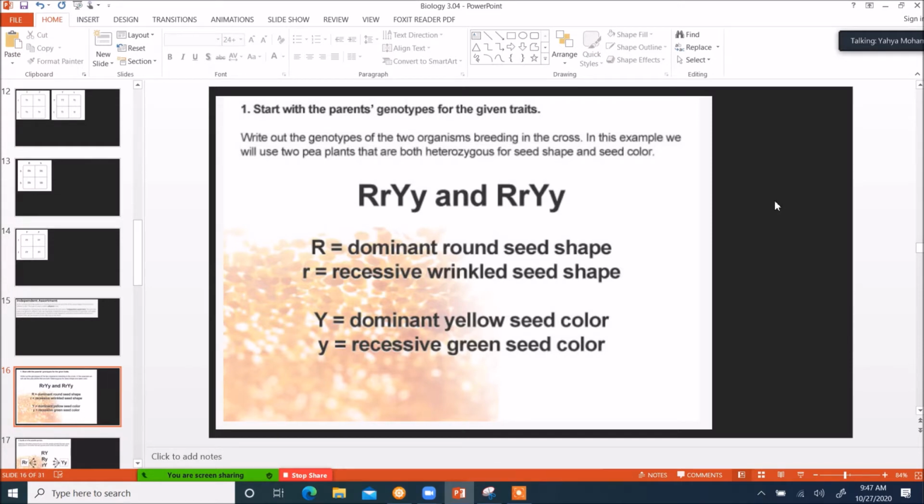And let's say another trait is about seed color, like capital Y, lowercase y. Let's say the plant has capital R, lowercase r. There's a 50% chance of getting either one of those.